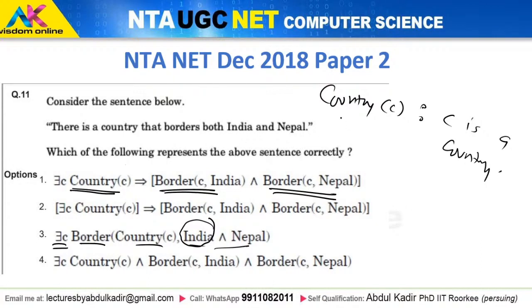They have not told us what is the meaning of country C, or of border C India. So the best guess is option 4th. Anyway, this is an improper question, but in the exam, if this comes, the best option will be option 4th.